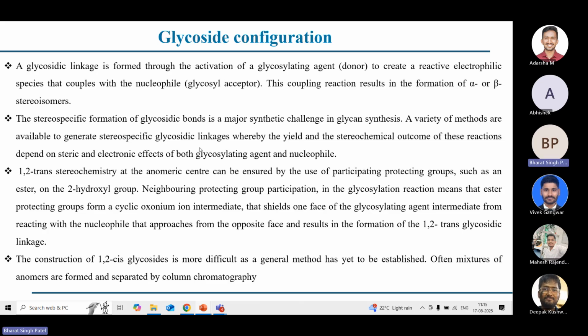The stereospecific formation of the glycosidic bond is a major synthetic challenge in glycan synthesis. Still, 1,2-trans glycosylation methods are now very much established, where the C2 hydroxy group plays a major role, either through neighboring group participation or by controlling the electronics at the anomeric position. But getting 1,2-cis is still difficult.